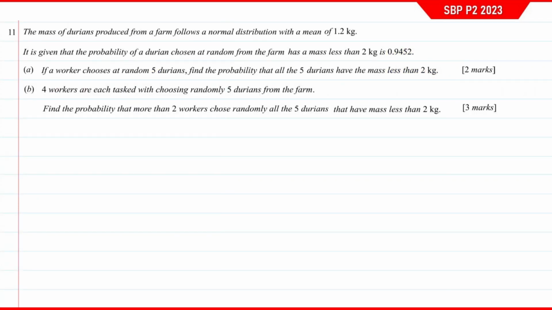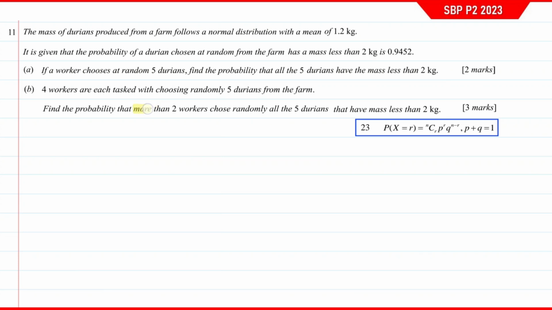Question B. 4 workers are each tasked with choosing randomly 5 durians from the farm. Find the probability that more than 2 workers chose randomly all the 5 durians that have mass less than 2 kg. So for question B, this is about the binomial distributions. So we're going to refer to this formula 23.